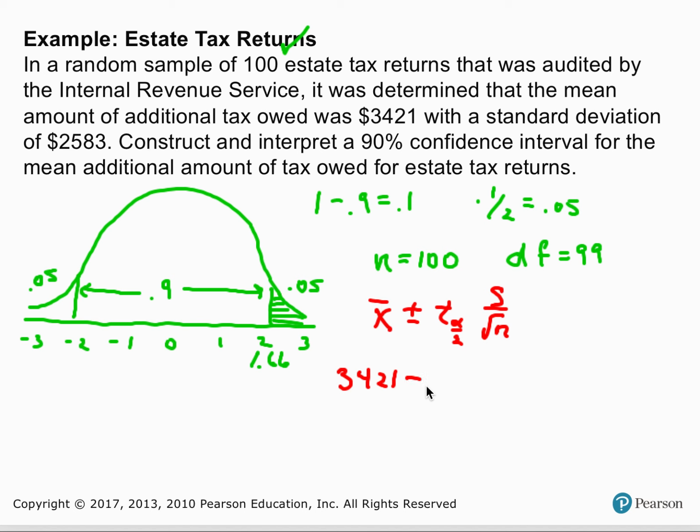Okay, minus. Now, t sub alpha over 2, right, is 1.66. S is 2583, over the square root of 100. So we could just put 10 there, but I'm going to put it all in there. Let's see what this is. Put it in my calculator.